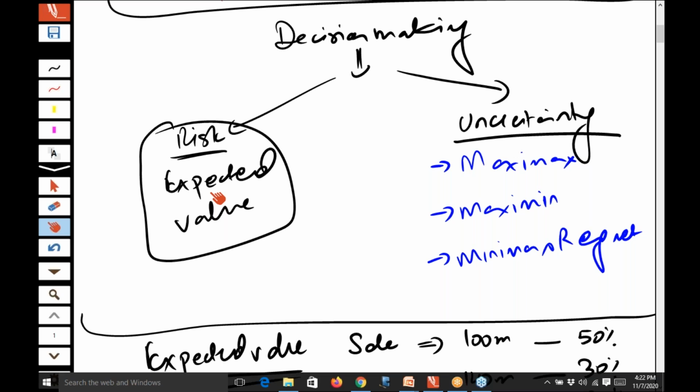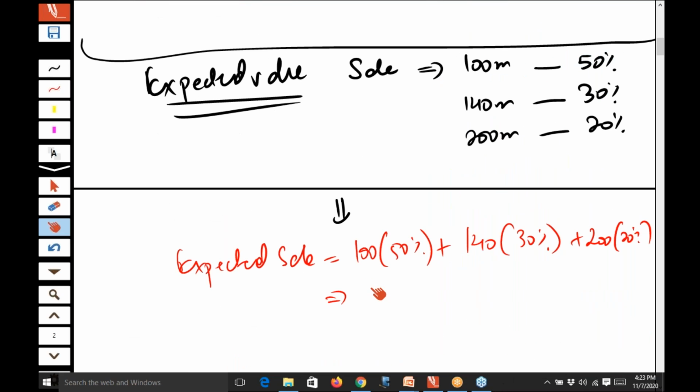Then I moved forward and discussed the expected value technique. For example, you are expected to have sales of 100 million with a 50% chance, 140 million with a 30% chance, and 200 million with a 20% chance.